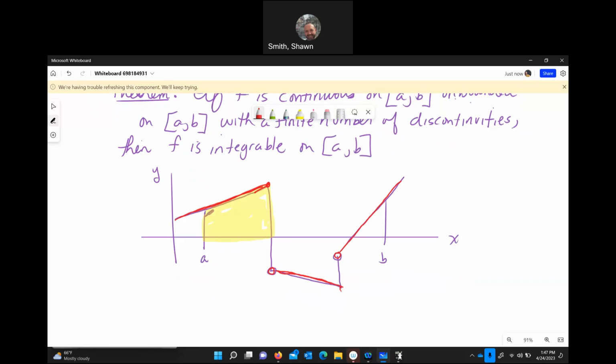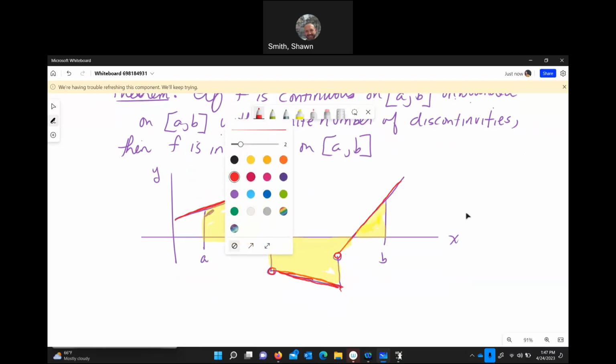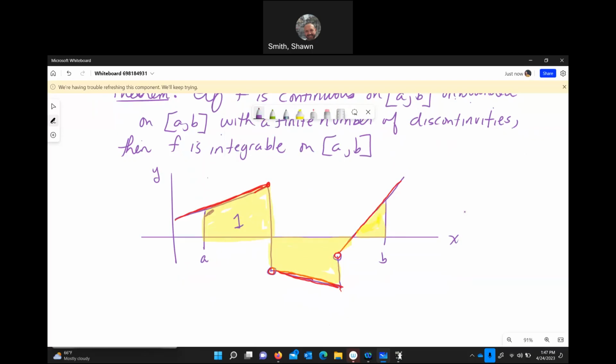And so that's my function. So this function is discontinuous, but if I go all the way up to the x-axis at those points, I'm creating regions. I can still integrate this function. So region 1, region 2, region 3.